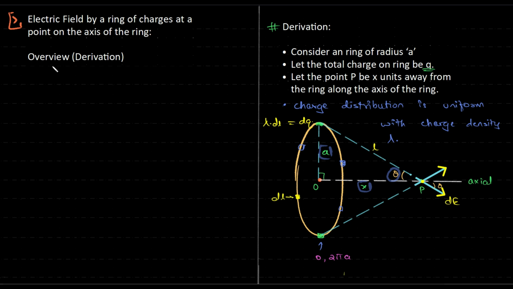Now, what is the overview? Here too we started by looking at a diagram. Then we got a set of expressions. Basically we got dE perpendicular and dE parallel with the help of our free body diagram.